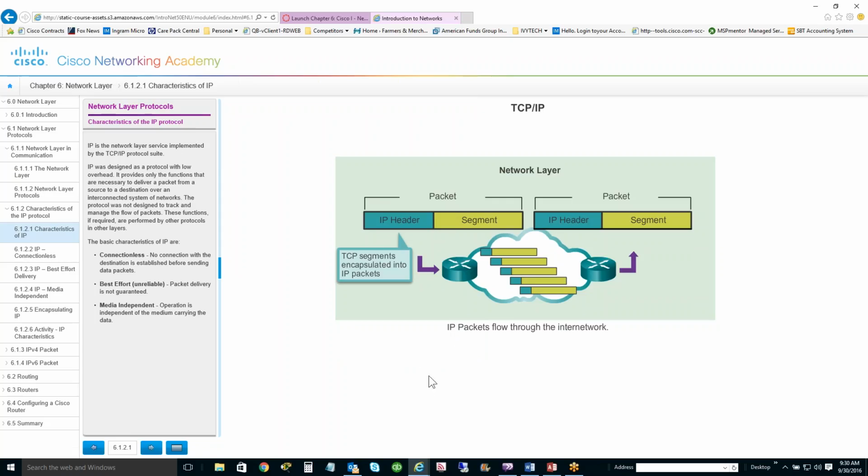The characteristics of an IP packet are much similar to a frame. You have an IP header, and then you have the segment, which contains the layer 4 data payload. So TCP segments are encapsulated into IP packets, and away we go. And then the IP packets flow through the internetwork.